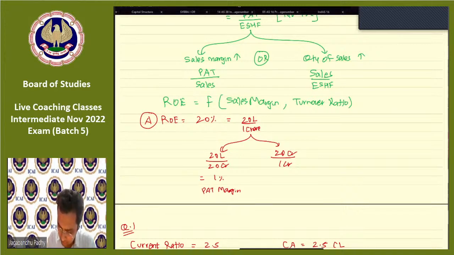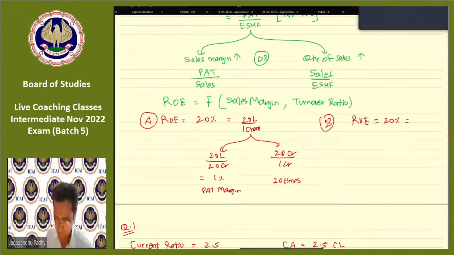And this is like 20 times. And there is another company B with the same return on equity as 20%.